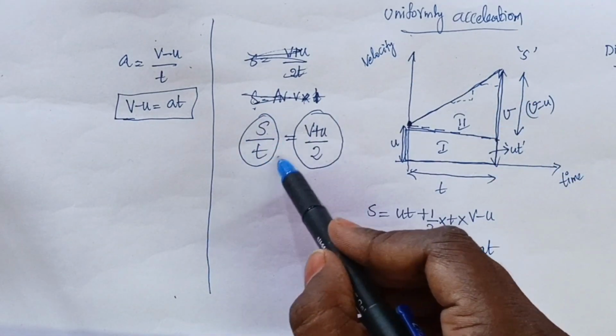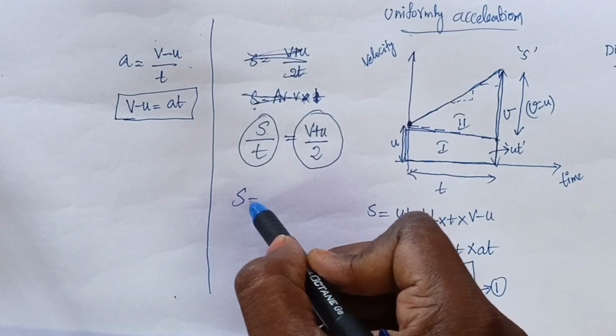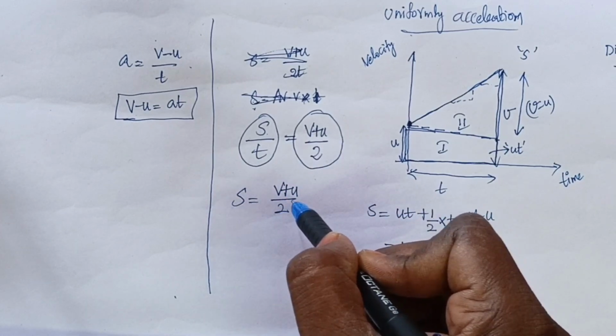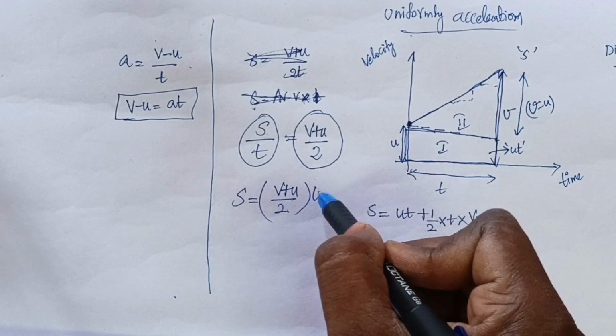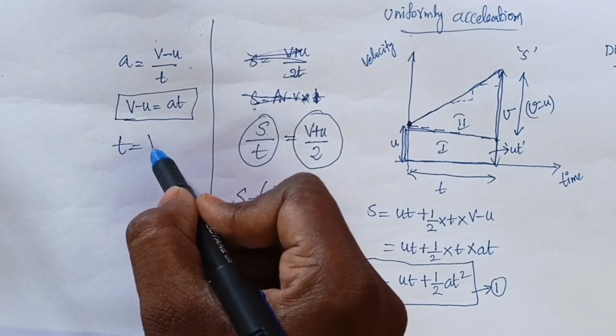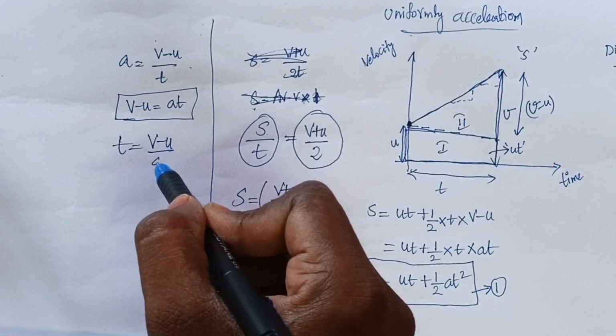Now I can write s also as (v plus u) by 2 multiplied with t. From the acceleration equation, t is equal to (v minus u) by a.